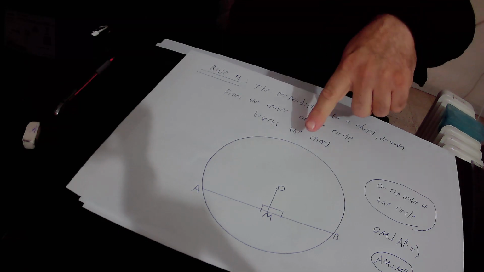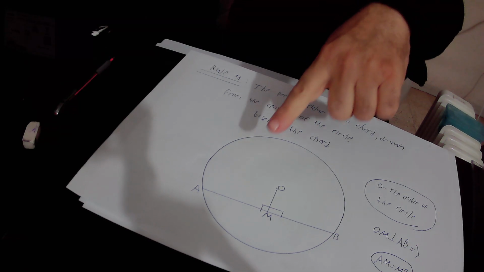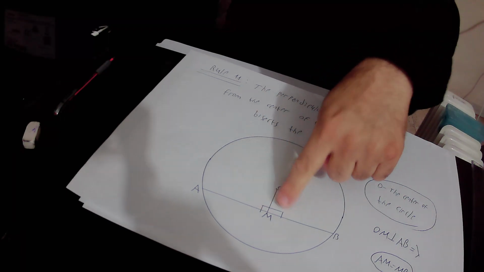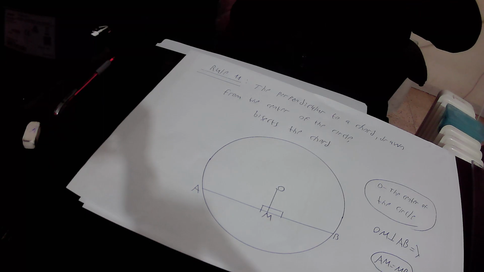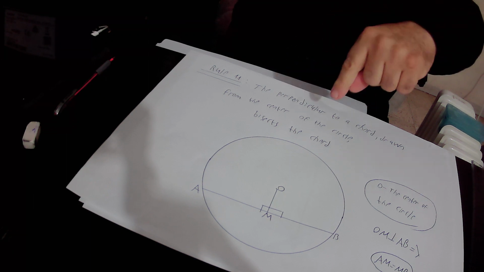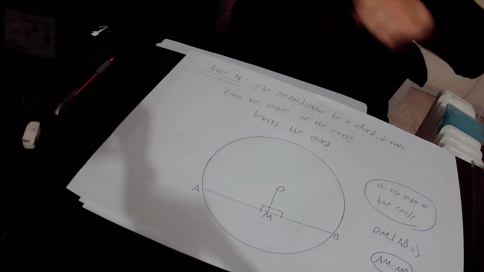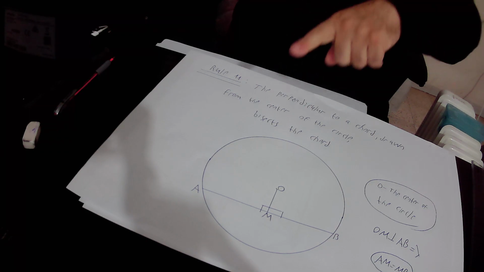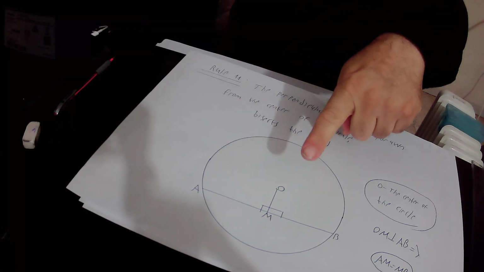From point O, we draw a perpendicular to chord AB, that is to say this angle equals 90 degrees, and this angle equals 90 degrees according to our construction. So whenever you draw a perpendicular to any chord, here we draw perpendicular OM to chord AB, the perpendicular OM will also bisect chord AB. That is to say AM equals MB.